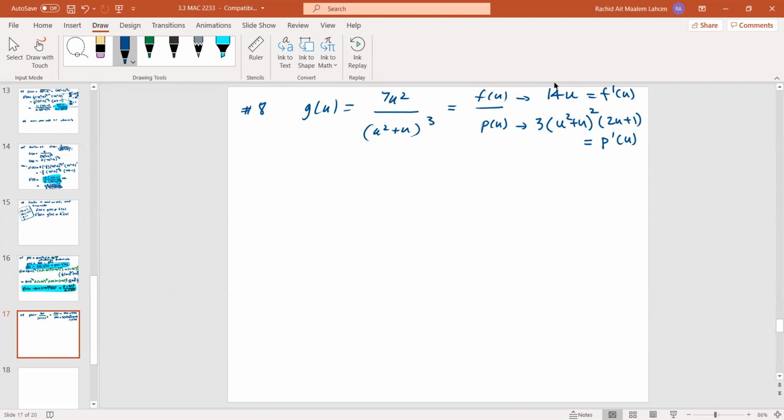Then, of course, it doesn't matter what these are. This is a quotient, so we need the quotient rule, right?